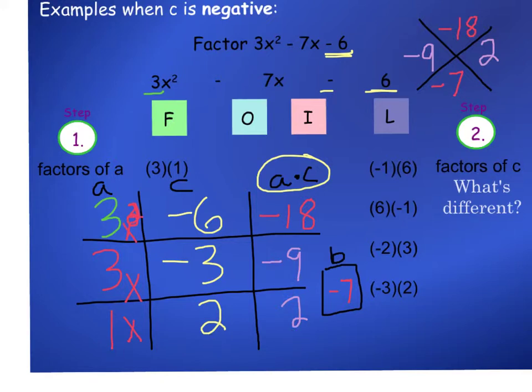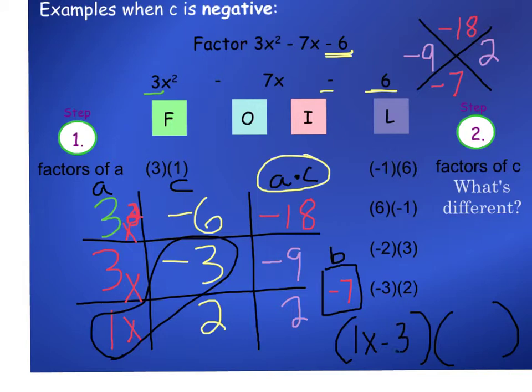Okay, we are ready to make our parentheses. Our first parentheses will be right here: 1x minus 3. Our second parentheses will be right here: 3x plus, because it's positive, 2. Now, we need to check this.